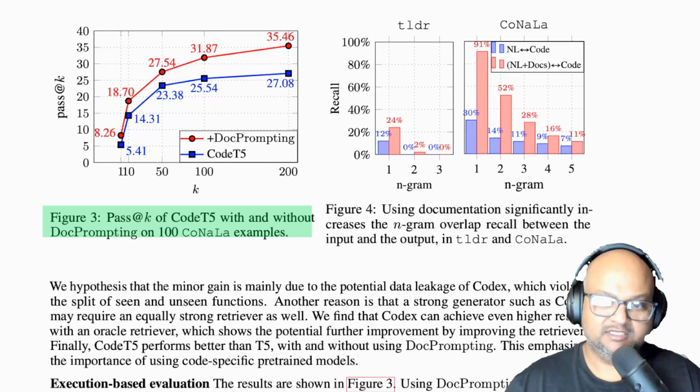What they're showing in this graph is for some Python problems, the pass at K metric. What that metric measures is how many attempts or how many generations does it take to pass all the given unit tests for a given problem. And here you can see that the red line, which is DocPrompting, has a much better pass at K.